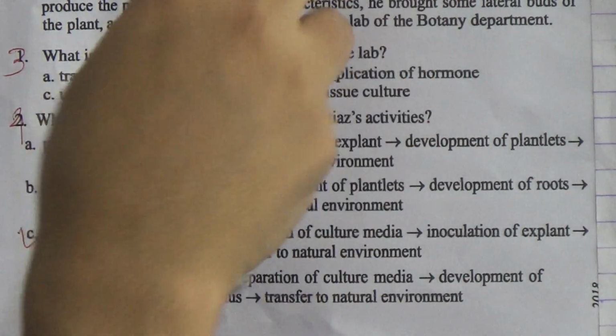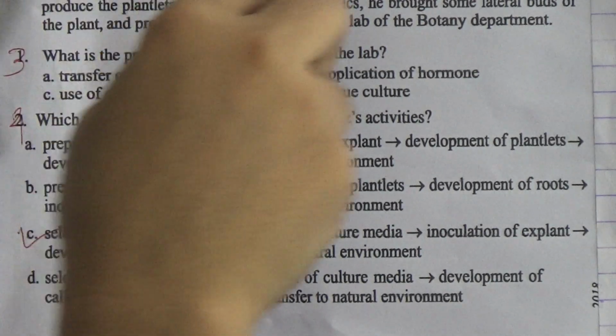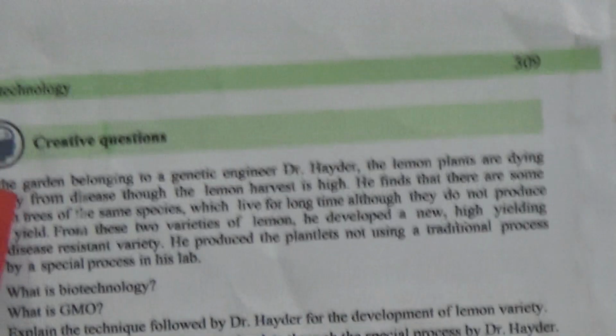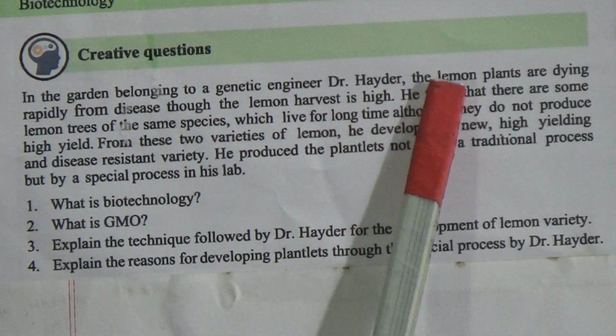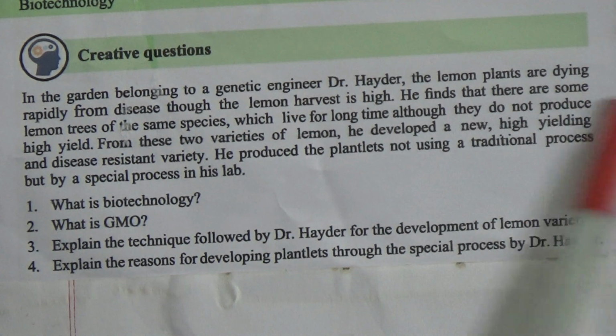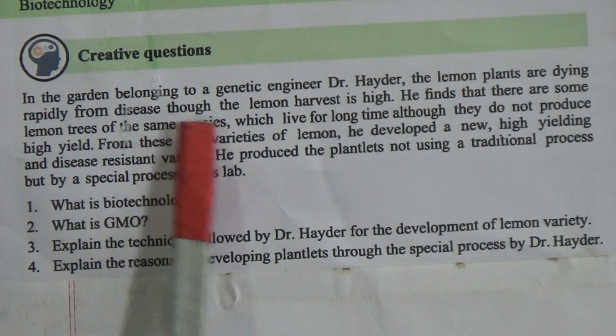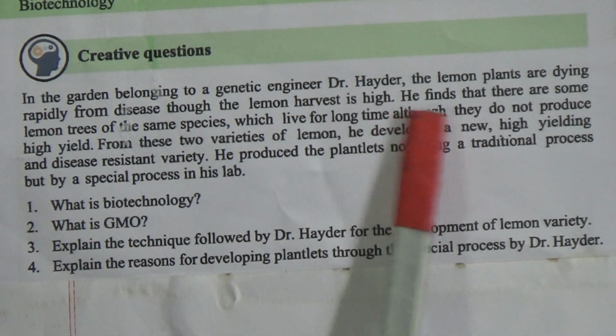Now we will discuss creative question 1, that is your exercise creative question. In the garden belonging to the genetic engineer Dr. Haidar, the lemon plants are dying rapidly from disease, though the lemon harvest is high.